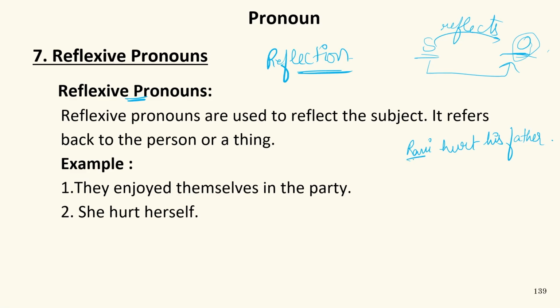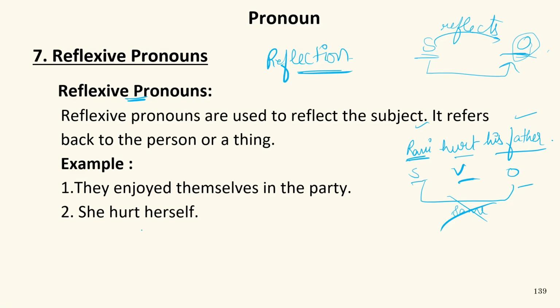Now in this sentence, we can see Ravi as a subject, hurt as a verb, and his father is an object. So here we have subject, verb, and object. Ravi the subject is one person and the object is another person, and hurt is the verb. So the subject and object are not the same. They are different. So when they are different, the sentence is correct with the object.